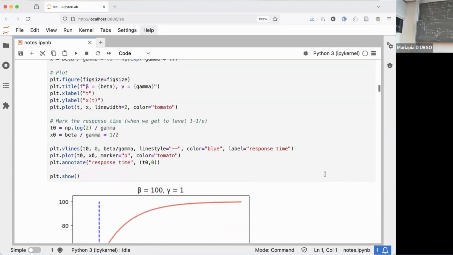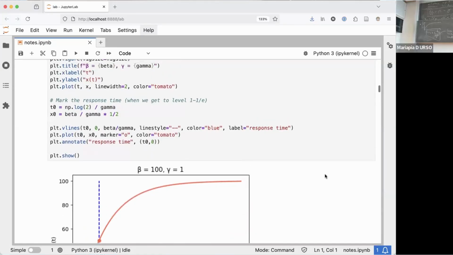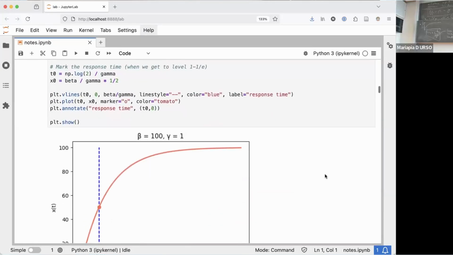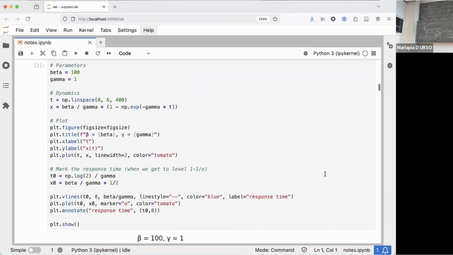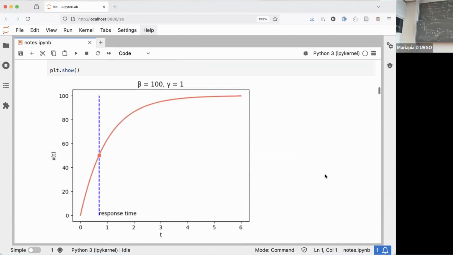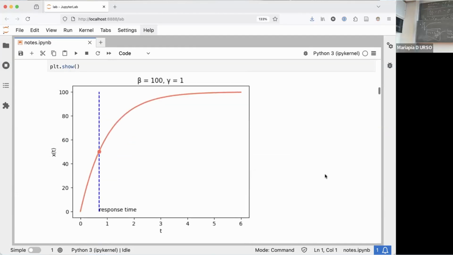Here we have a small script, and you can of course play with it if you put these scripts up in a Jupyter Notebook. So this would be one expression curve starting at 0 of our gene here. Beta is 100, gamma is 1, so the steady state will be 100 over 1, so it will be 100.